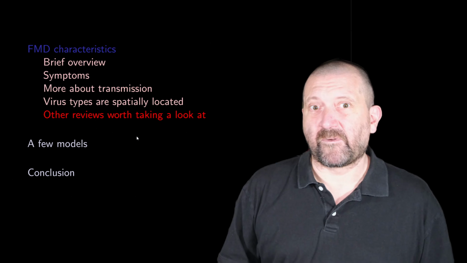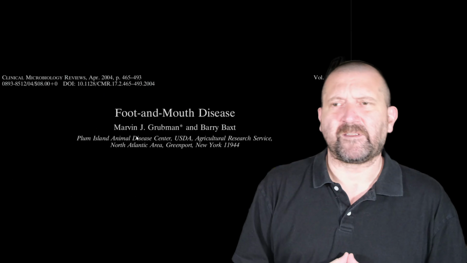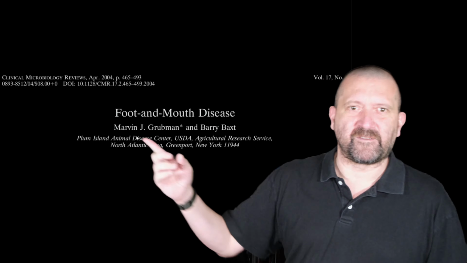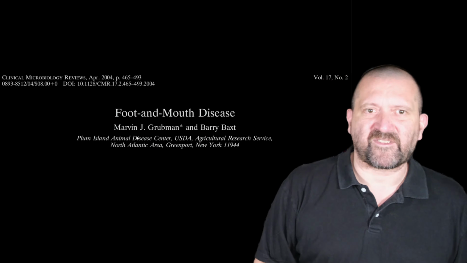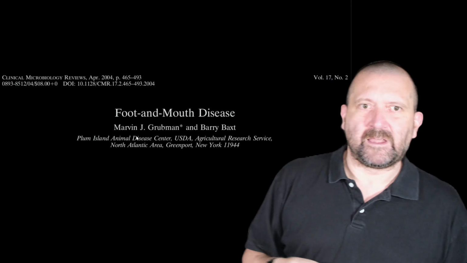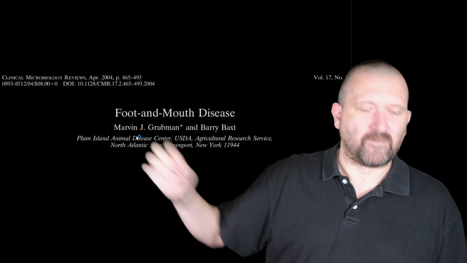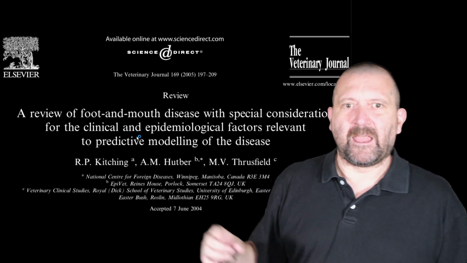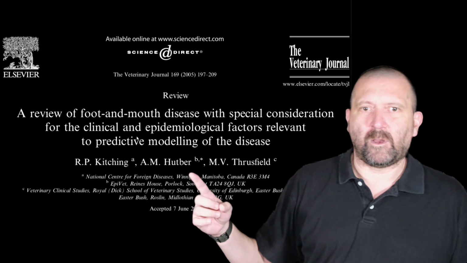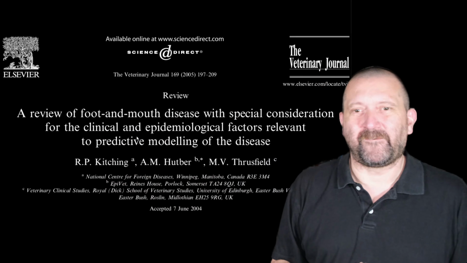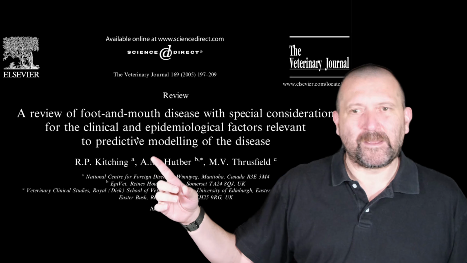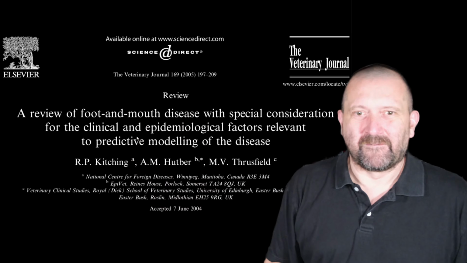Quick word about two other reviews. I think it's two that I think are interesting. There's one by Grubman and Bakst from 2004. And there's one by Kitching, Hutber, and Freshfield from 2005.